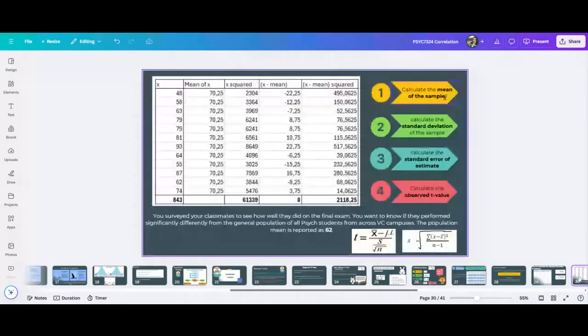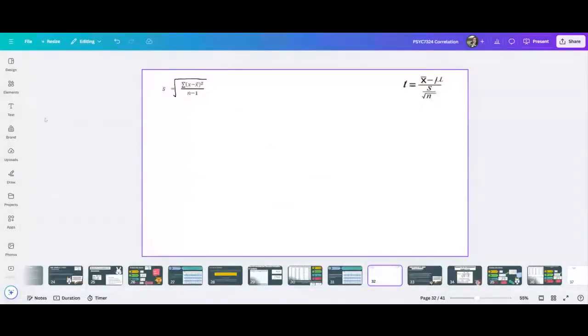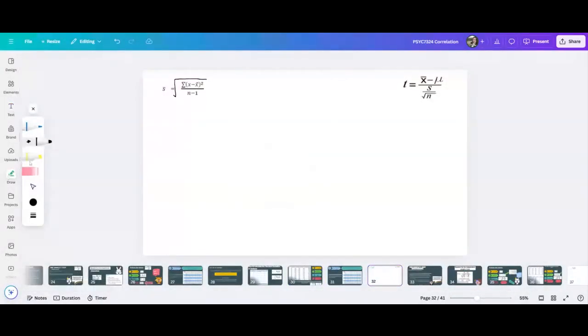So the value is 2118.25. Just going to write that down quickly so that we can go through this together.